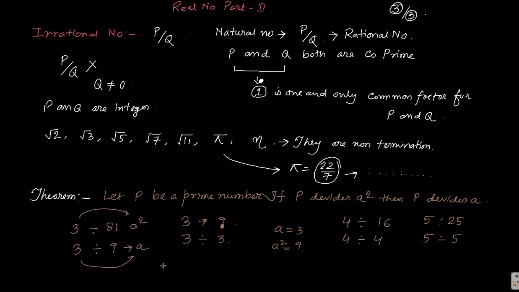This is the important theorem, and the most important line is that for a rational number there is only one common factor for p and q.